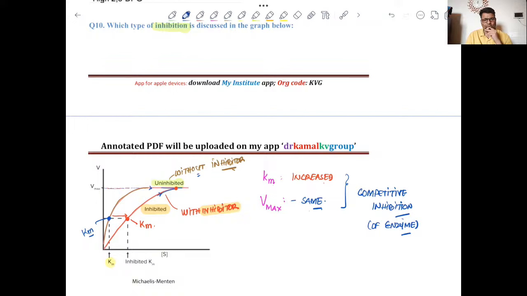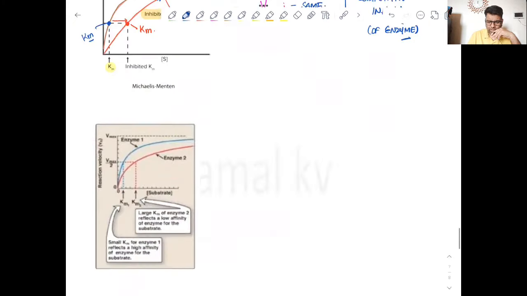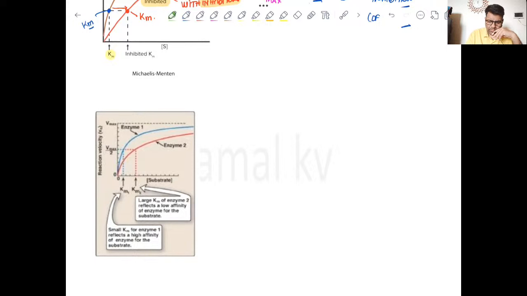So I think now you will never forget a competitive inhibition graph. Km will increase, Vmax will be same. Now if you see here, the Km refers to the affinity of enzyme to substrate, because we know that enzyme plus substrate results in product.